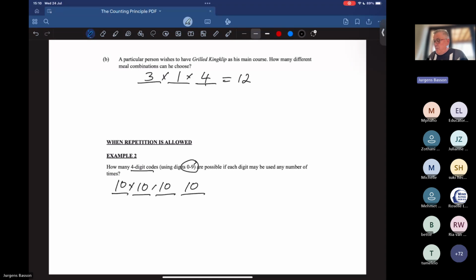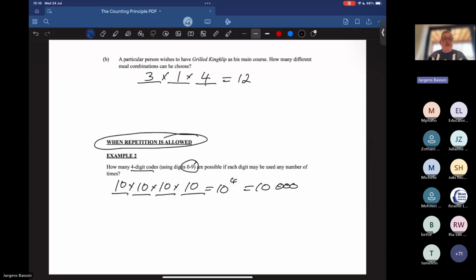Now when we multiply, we will get 10 to the 4, or for that matter, 10,000. So as you can see, when repetition is allowed, the number of ways we can do every task stays the same. So we get exponents, the 10, 10, 10, 10.